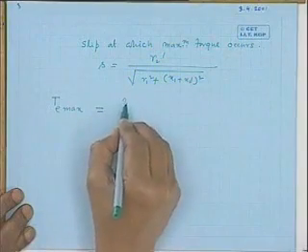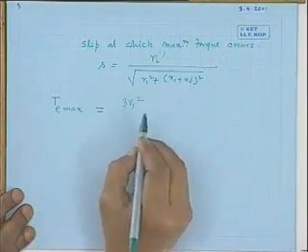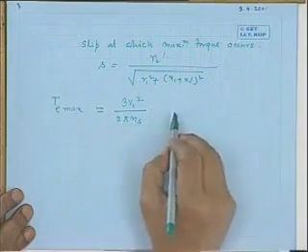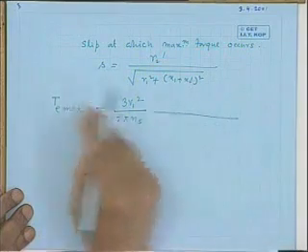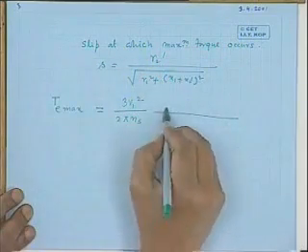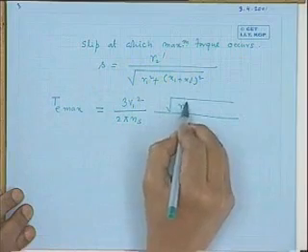So T max will be 3V1 squared by 2 pi ns into R2 dashed by S. R2 dashed by S is nothing but this quantity.